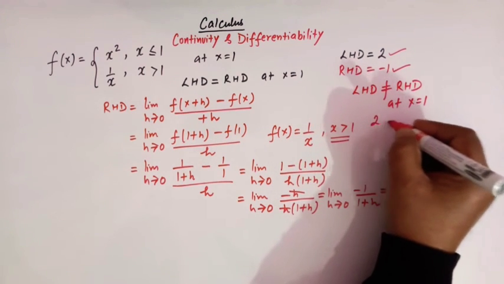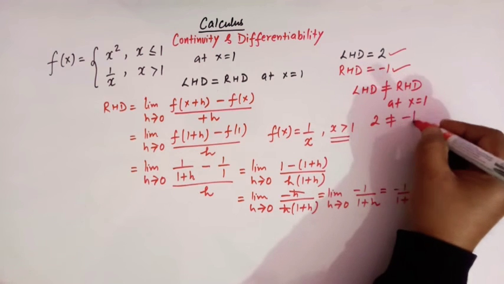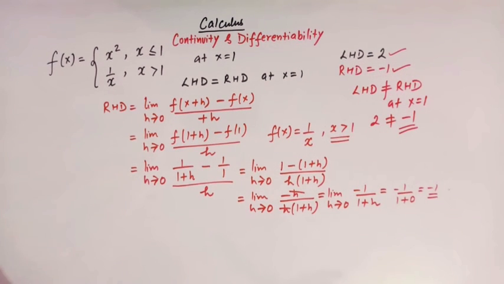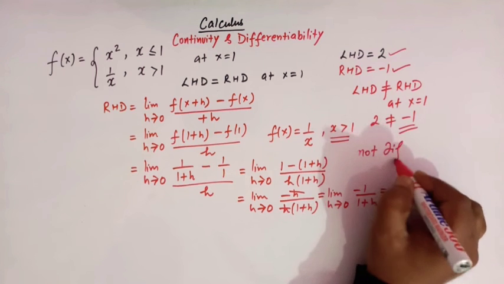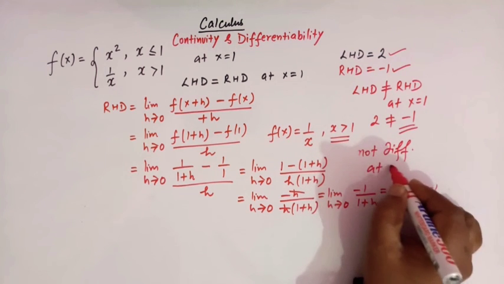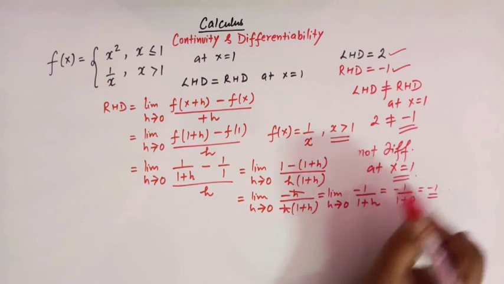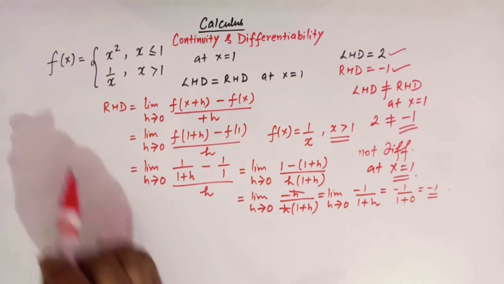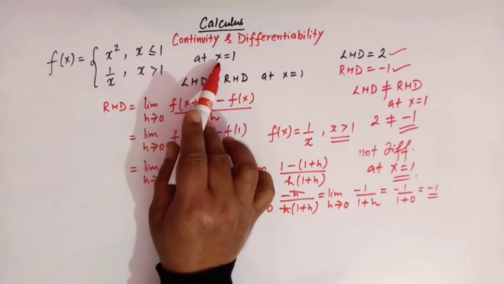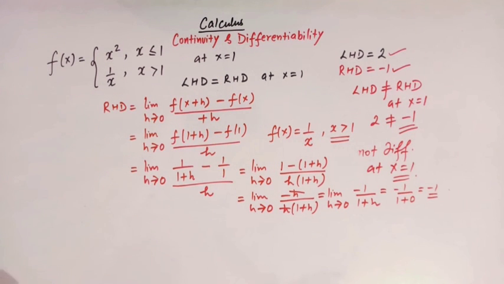It means 2 is not equal to minus 1. So we claim that this function f of x is not differentiable at x is equal to 1, right? So viewers, we conclude that this function is continuous at x is equal to 1, but it is not differentiable at x is equal to 1.